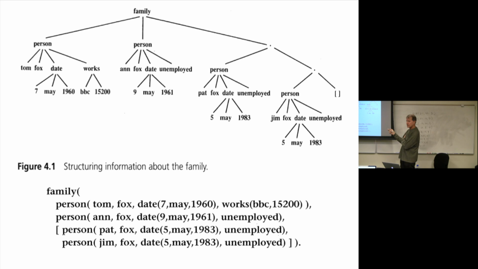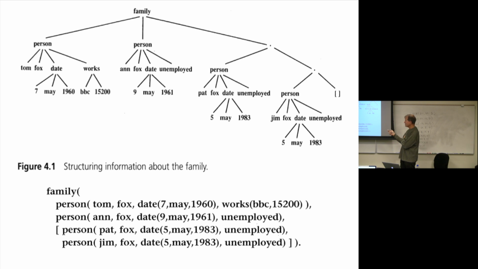So what is person? No, it's not a variable. It's another predicate. How many parameters does each person have? It's a person/4 predicate.